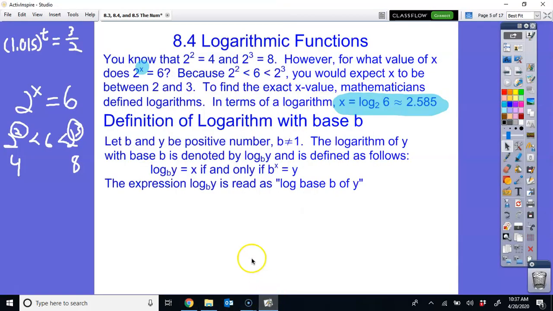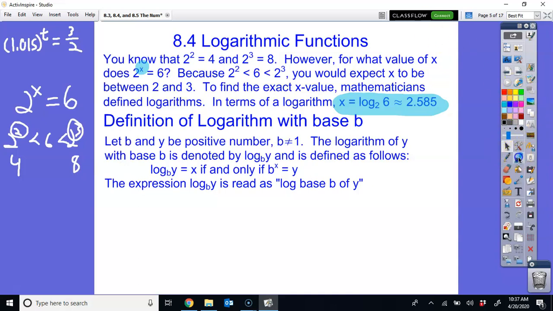So what we are looking at here is a way to find this missing exponent when we have what we consider an exponential equation. Obviously, we're going to come back to that a little later in more detail, how to actually solve exponential equations. But right now, we're going to define what a logarithm is.